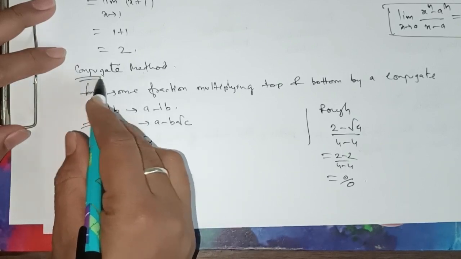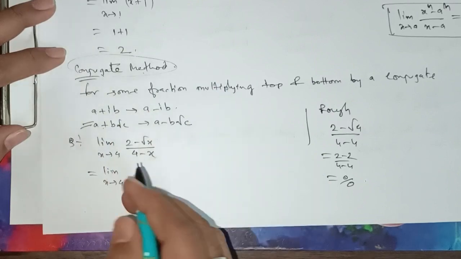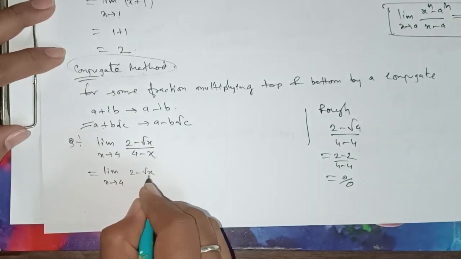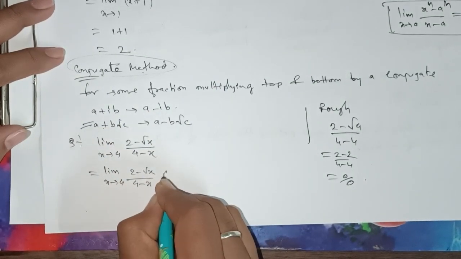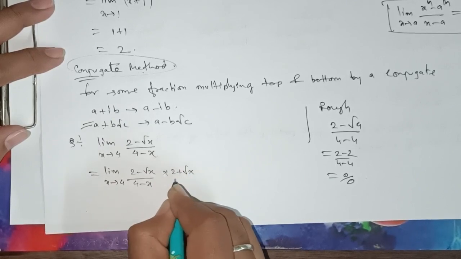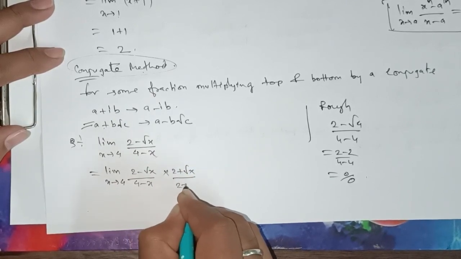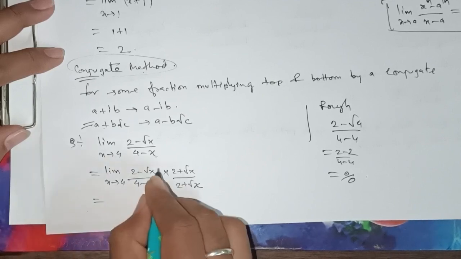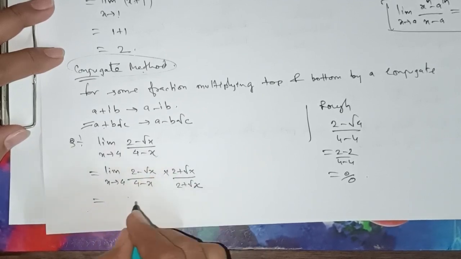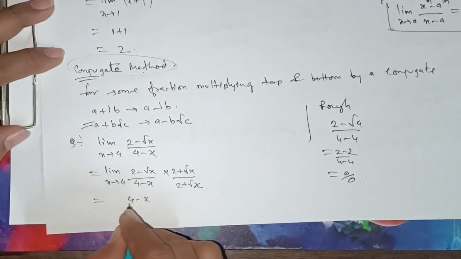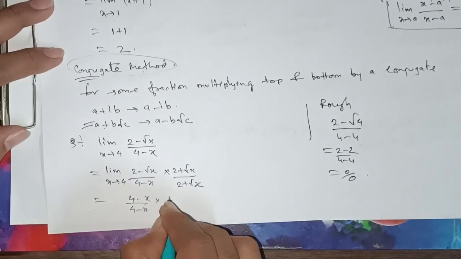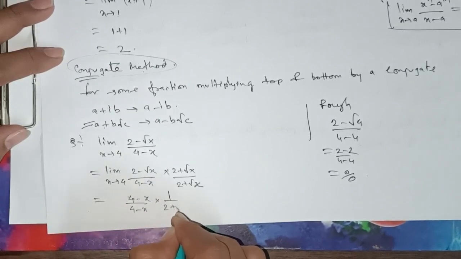That's why we use the general concept, the conjugate. So 2 minus root x, we multiply by 2 plus root x. This gives us a square minus b square, that is 4 minus x, by 4 minus x into 1 by 2 plus root x.